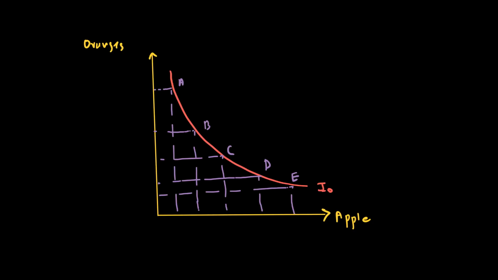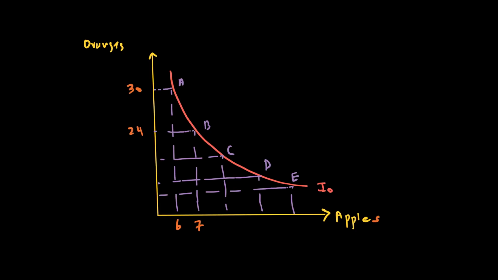Let's give some values to these combinations. Let's say A is 30 of oranges and 6 of apples, and on the other hand B is 7 of apples while 24 of oranges.